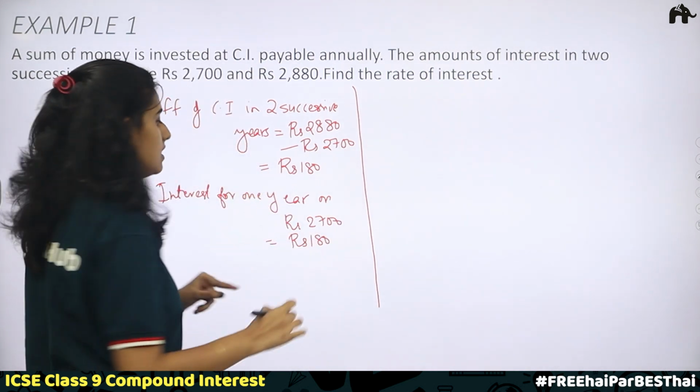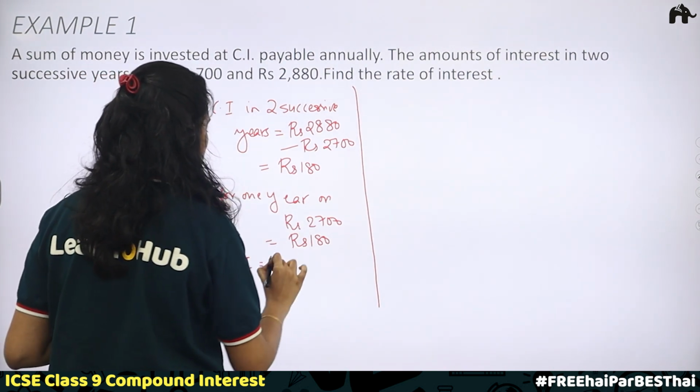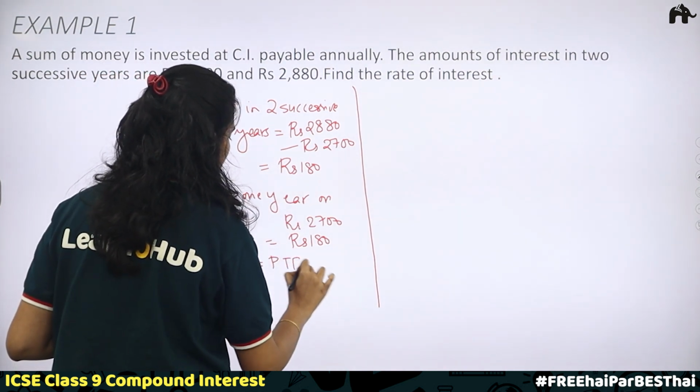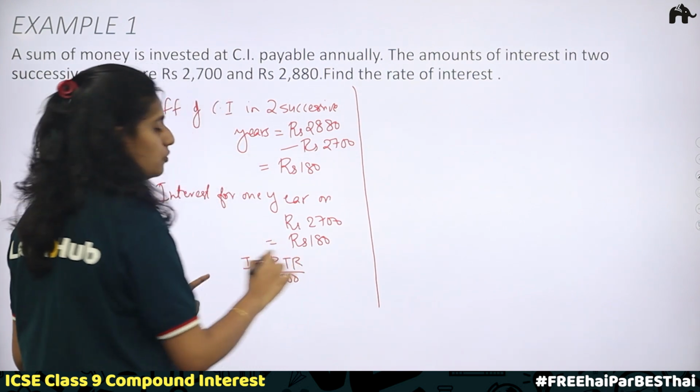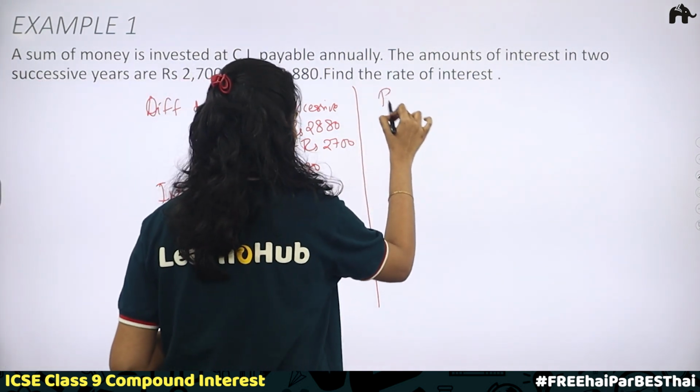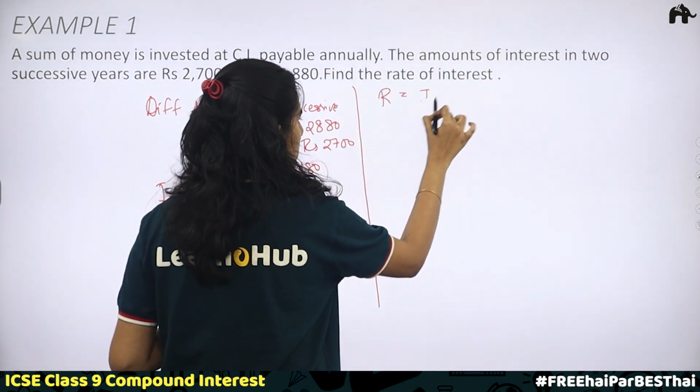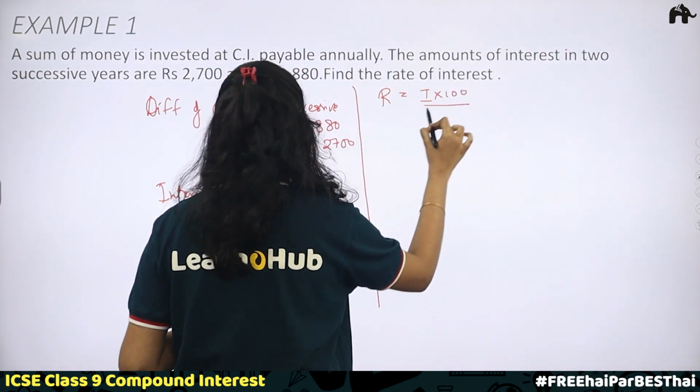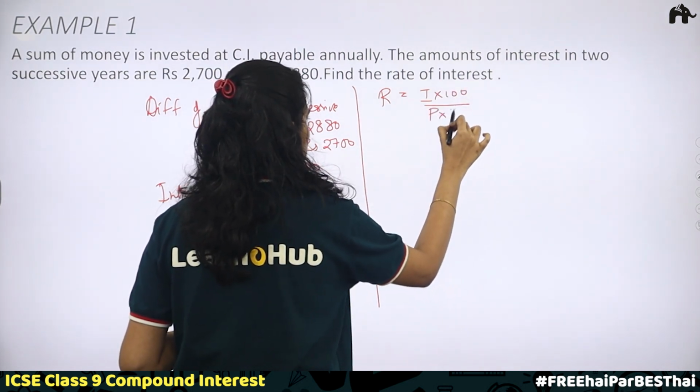How to find interest? Interest is equal to PTR by 100. Then how to find the rate of interest from this? Rate of interest will be equal to interest into 100 divided by principal into time.